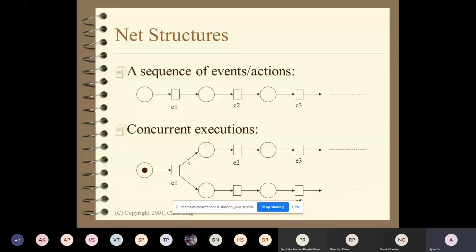From this initial place, from this initial point, the tokens can go in some concurrent paths based on the event you have described, based on the condition you have described at this point E1.